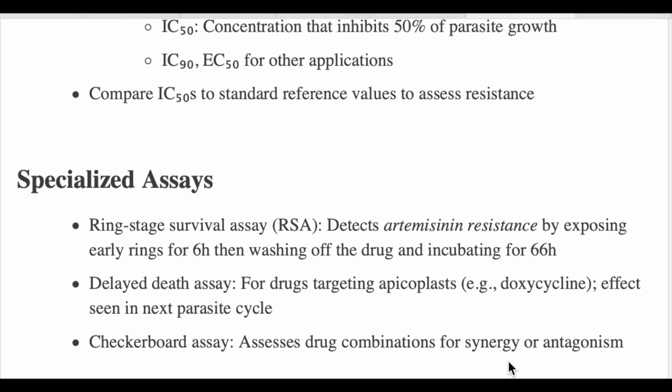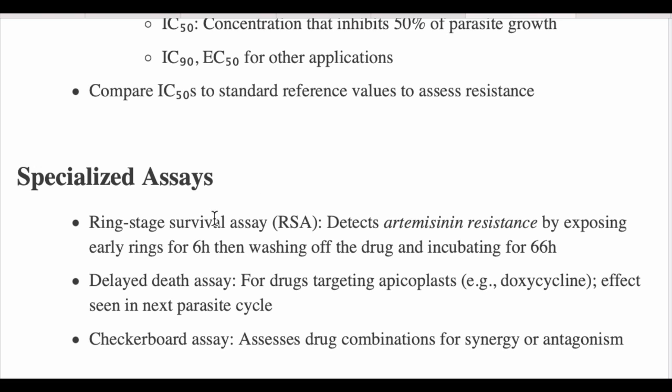So there are also specialized assays. If you are looking at the ring stage, for instance, there's the ring stage survival assay. So here you detect artemisinin resistance by exposing early rings for 6 hours to artemisinin, then washing the drug off with media and incubating for another 66 hours.